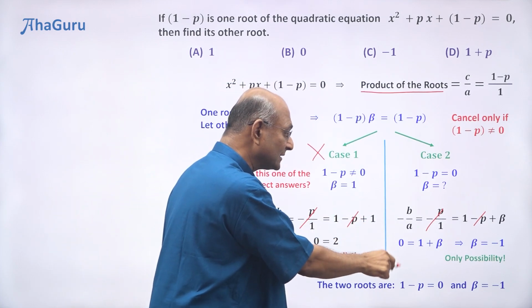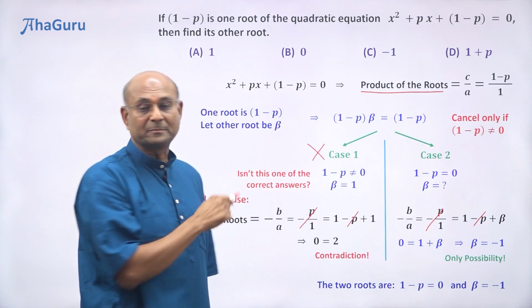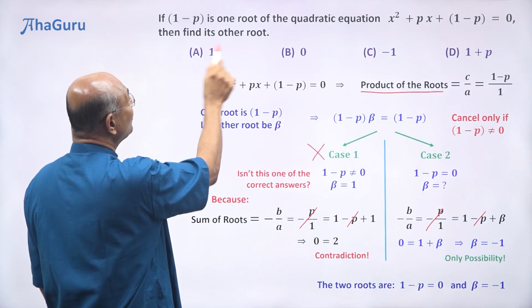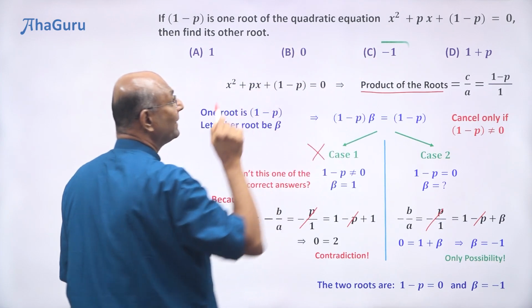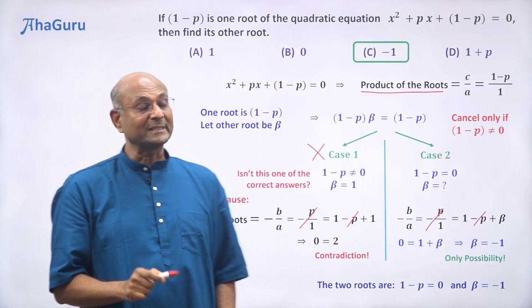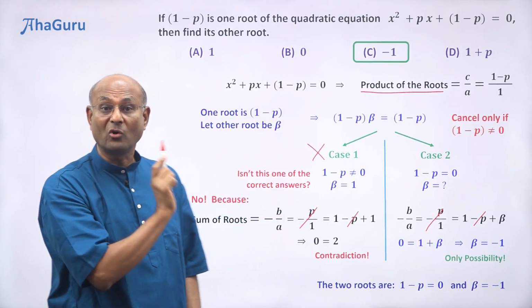So the roots are 0 and minus 1. One root, 1 minus p, was already given, which is 0 in this case. So the other root must be minus 1. So the correct answer to this question is option C, minus 1. So the other root is minus 1, not 1.